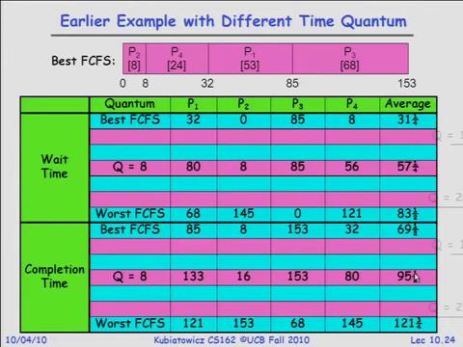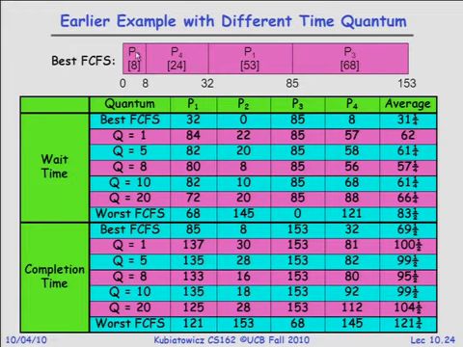And we can fill this in. Notice how the shortest process, number 2, is basically stuck here. With the best first come, first serve it's 0 wait time. The worst is 145. So the short job has basically the largest variance.